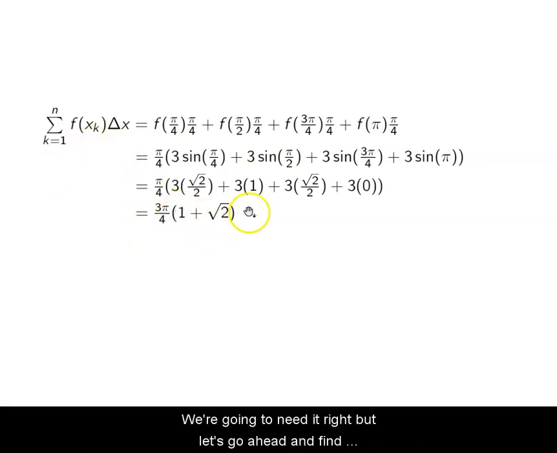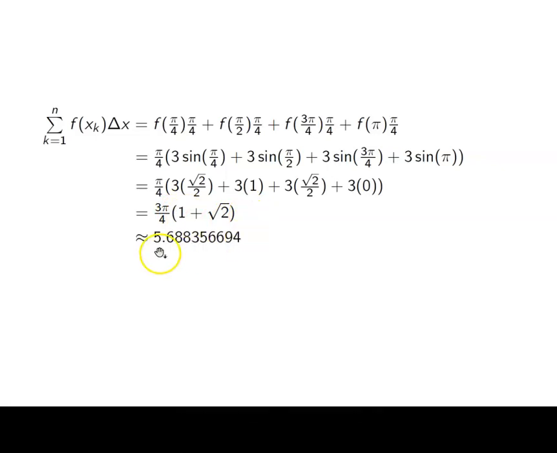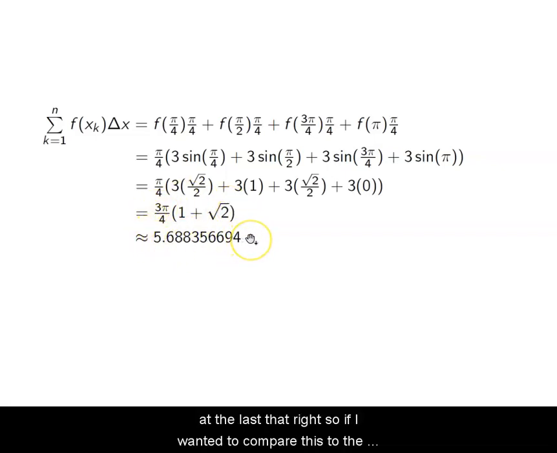But let's go ahead and find out what this approximation is. It's approximately 5.688356694. So having the exact value allows me to round at any point that I want, right? Which goes along with that, keep everything exact as long as possible, and then provide your decimal approximation at the last step, right? So if I wanted to compare this to the exact value, I could at this point, or I'm sorry, in the next video we can, when we learn how to find these values exactly.